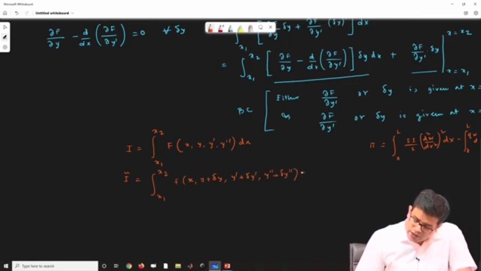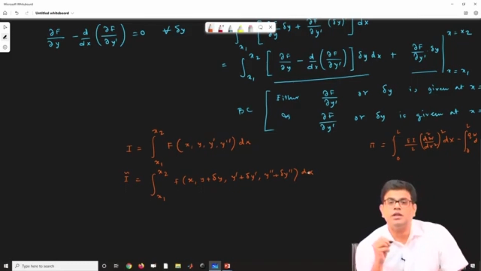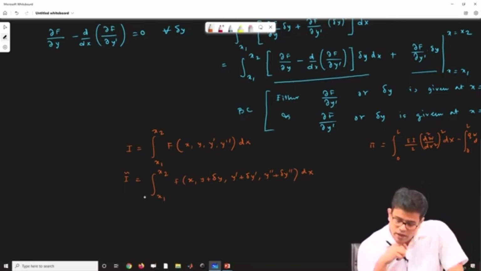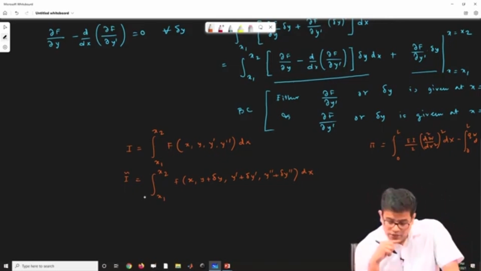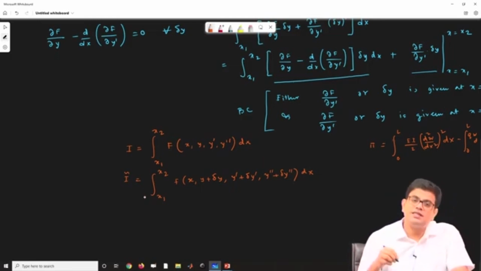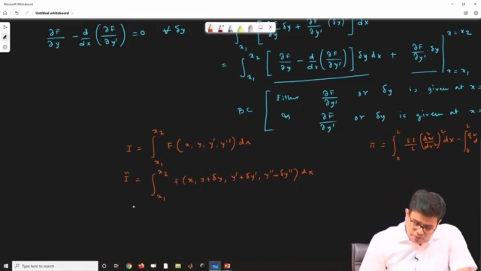But yes, the differentiability requirement has increased, which is that the approximation has to be at least second order differentiable. So if I find its Euler-Lagrange equation in the same way, we have to do integration by parts 2 times.